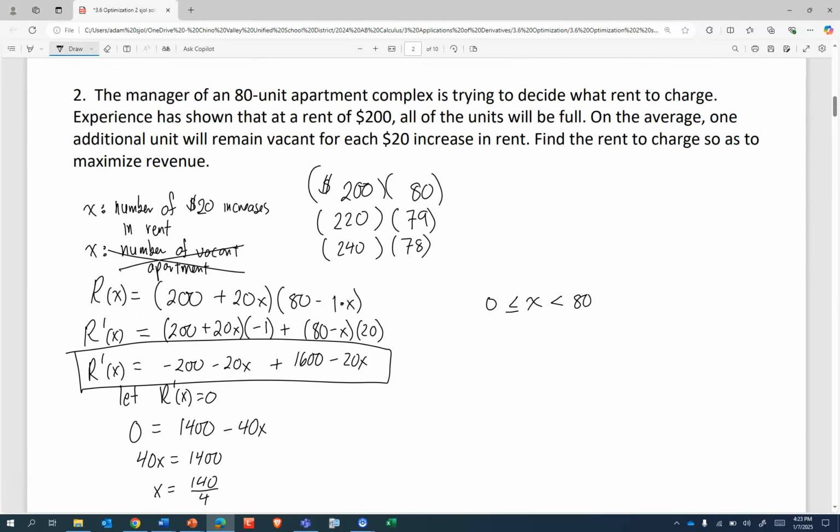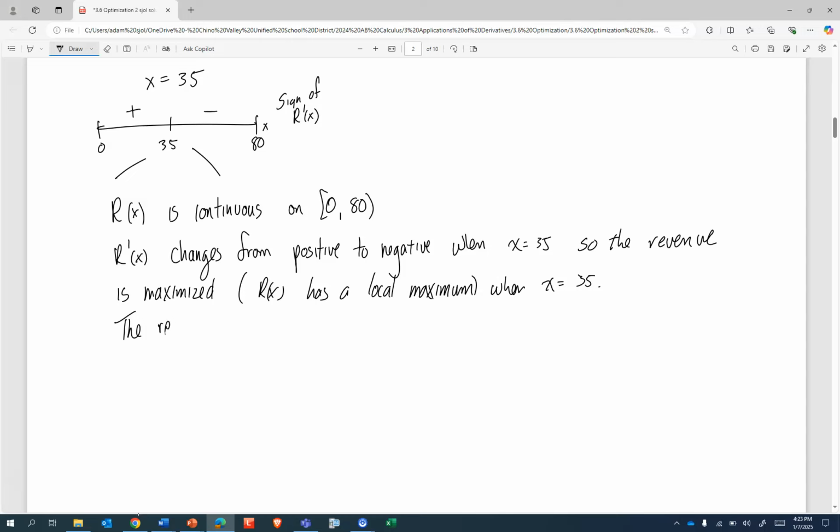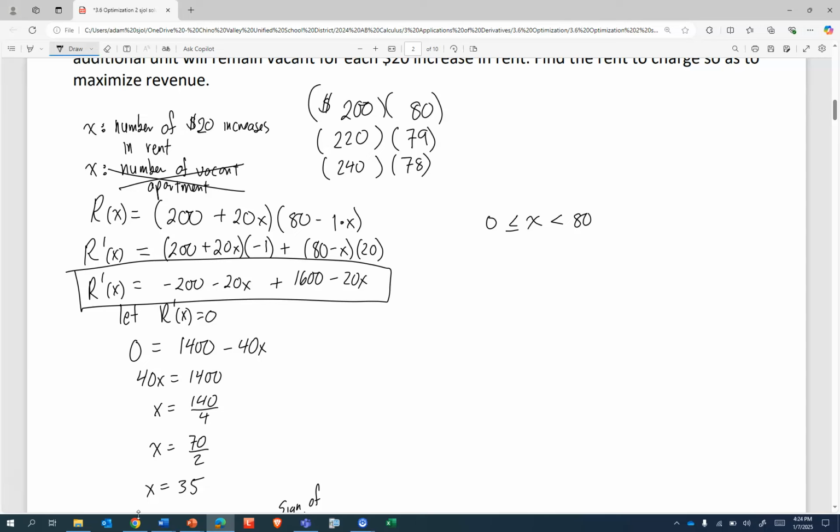I think we were supposed to find the most rent, right? Find the rent to charge. The rent the manager should charge is, well, remember it was starting off with 200. And then 35 is the number of $20 increases in rent.